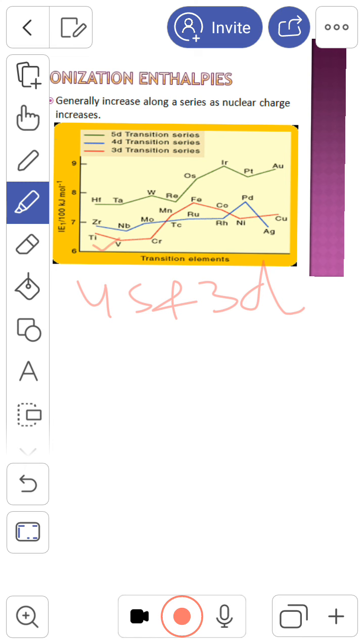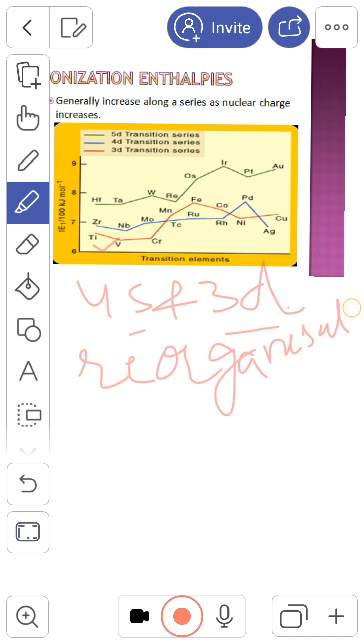If we remove the electrons from 4s and 3d orbitals, their energies change, and this is called reorganization energy, which is accompanied by the ionization.